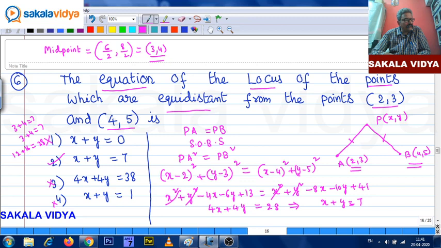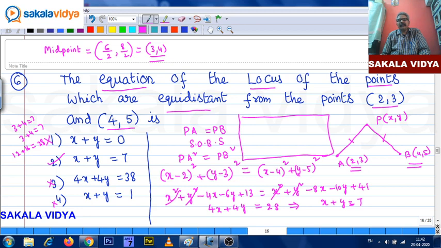Finding the midpoint method also you can apply, and one more formula also you can apply, so I will give one more shortcut. Say the points are x1 comma y1 and x2 comma y2.